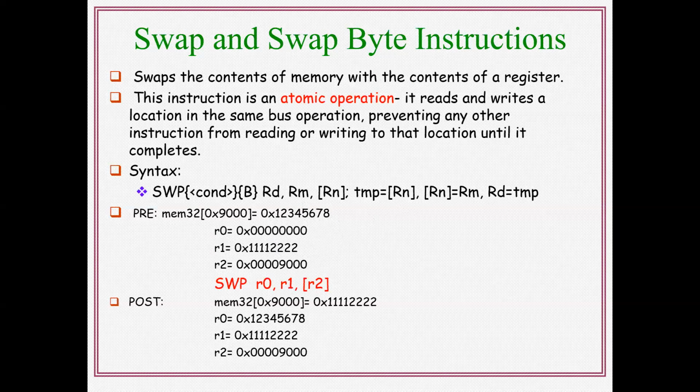After that, Rd, which is R0, is copied with 12345678. After execution of this instruction, the memory location is occupied with 4 ones, 4 twos, and R0 is occupied with 12345678. This is the swapping operation supported by ARM architecture.